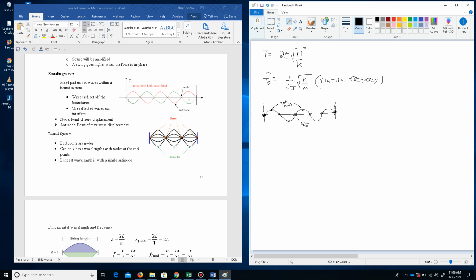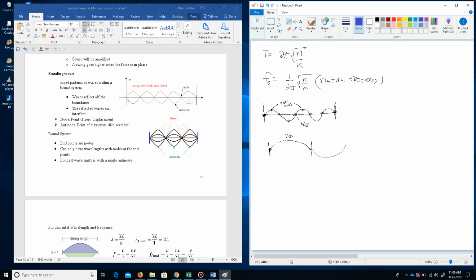So if we think about it, if these have to be fixed, we could have as low as 1/2 of a wavelength. So this is 1/2, where the other half is the downward part of this.